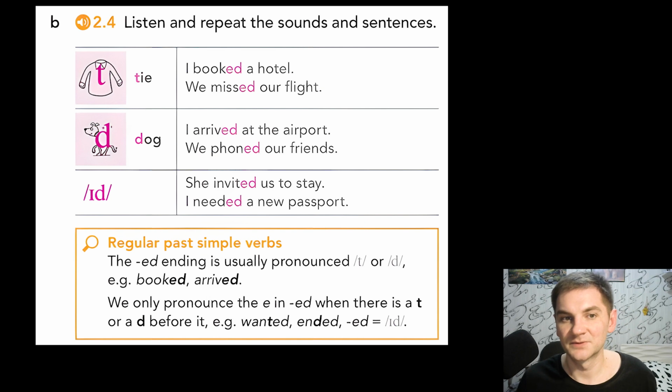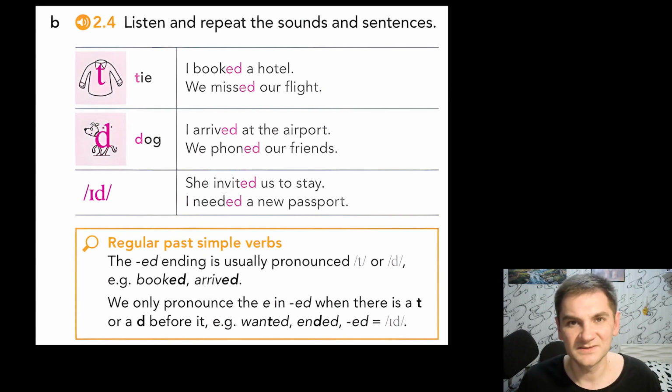Let's read this rule. Regular past simple verbs. The ed ending is usually pronounced t or d. For example, booked, arrived. We only pronounce the e in ed when there is a t or a d before it. For example, wanted, ended. Many of you pronounce it like book it, arrive it, play it.